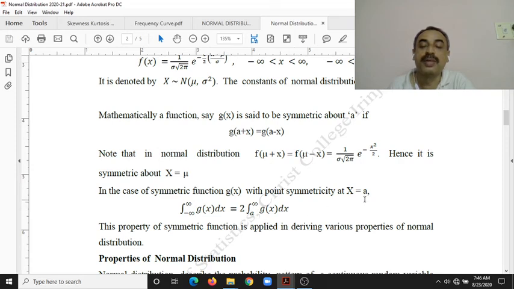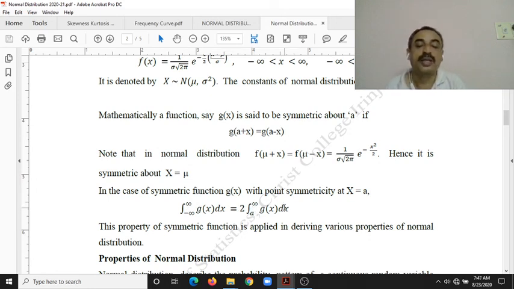There the point of symmetry is 0. In the case of normal distribution, this property will enable us to find the various properties of normal distribution. Here we consider the integral from minus infinity to infinity of g(x) dx equal to twice the integral from mu to infinity of g(x) dx.